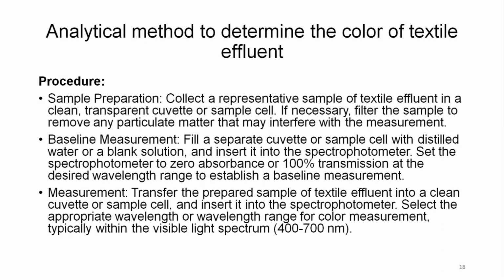Measurement. Transfer the prepared sample of the textile effluent into a clean cuvette or sample cell and insert it into the spectrophotometer. Select the appropriate wavelength or wavelength range for color measurement, typically within the visible light spectrum, that is from 400 to 700 nanometer.